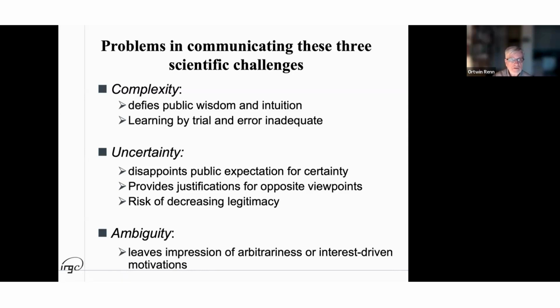And so it's difficult to legitimize actions that people don't like. And ambiguity always leaves the impression of arbitrariness or interest-driven motivations. So that basically is saying, if you can evaluate it in different ways, I evaluate it in a way that really benefits myself. And that makes it sometimes very difficult to communicate about risk and also to make policies about risk.